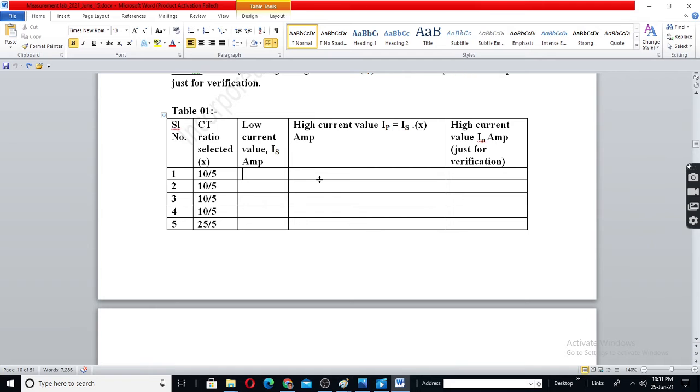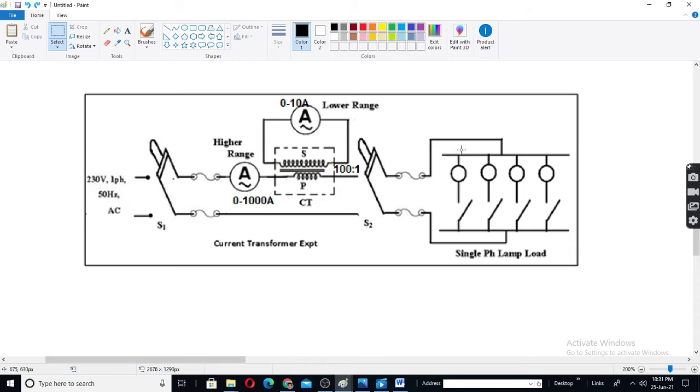So primary current will be 0.8 into 5. A 200-watt lamp will have around 0.85 amperes, because I is equal to P by V. P is 200 watt, V is 230, so around 0.8, 0.9. So with 5 lamps switched on, you will get around 4 amperes in primary.